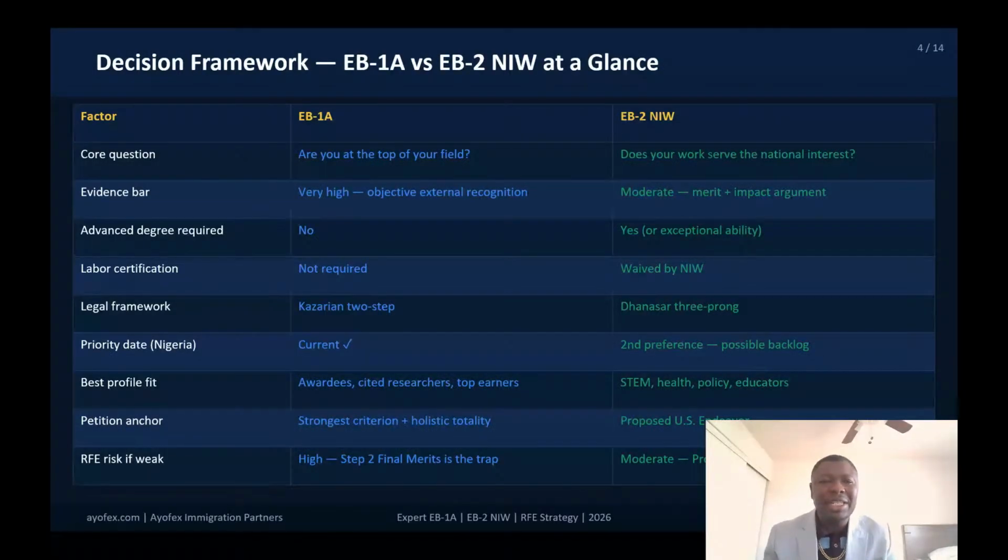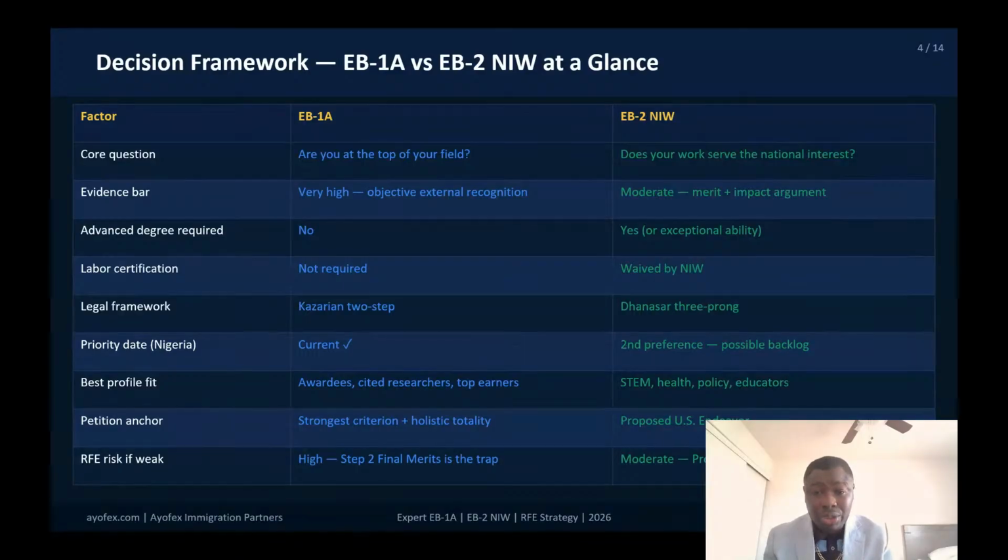Now, let's talk about the decision framework. How do you decide to go for EB-1 or EB-2? We'll look at the factors that determine whether you're filing for EB-1 or EB-2. So ask yourself this question: are you at the top of your field? Genuinely. If you're at the top of your field, then you go for EB-1.